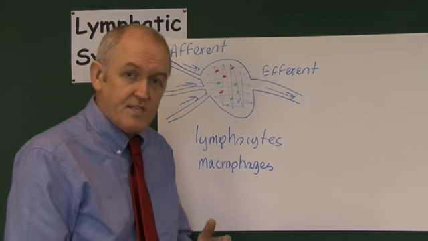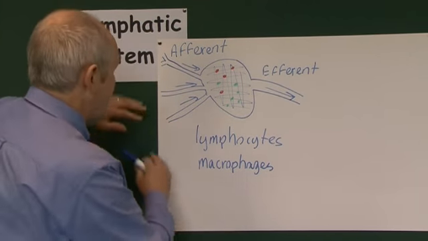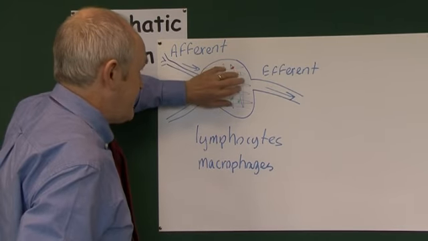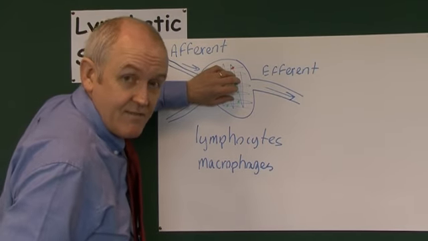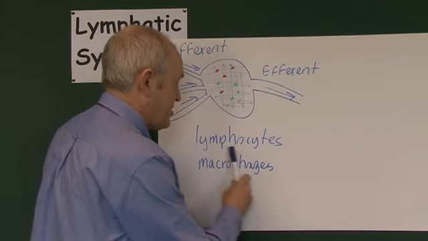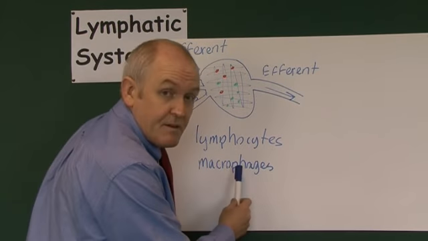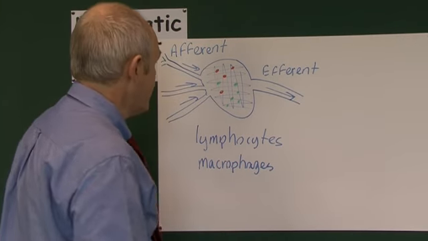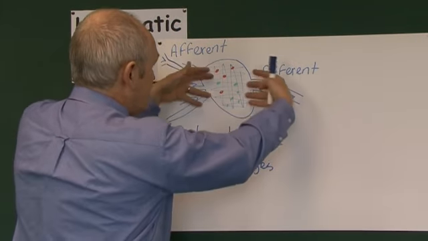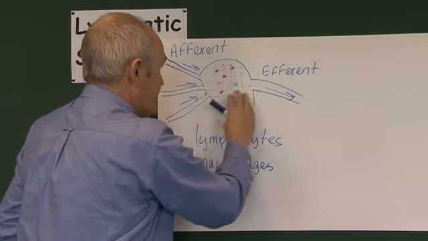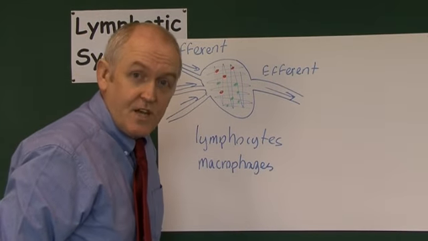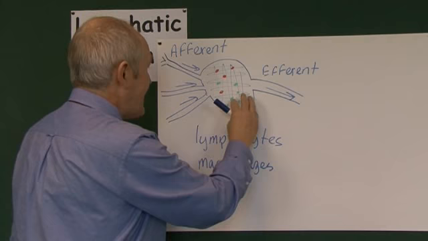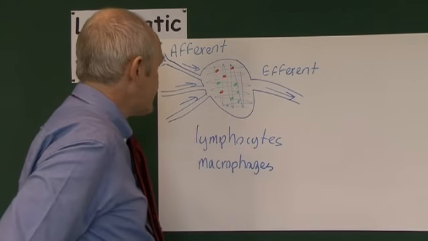So any viruses or bacteria that are drained from the tissues in the lymphatic flow are going to go into the lymph node, stimulate the production of an immune response, and be phagocytosed by the macrophages. So in the lymph node we have this reticulum, this network, with lots of leukocytes, lots of types of white blood cells in that network, holding it there.